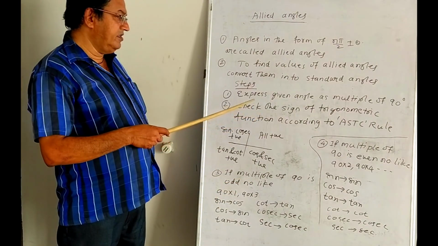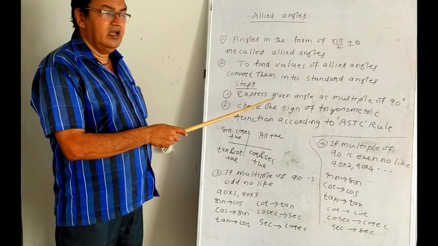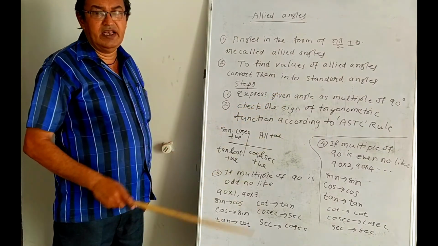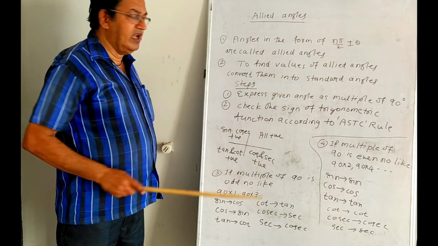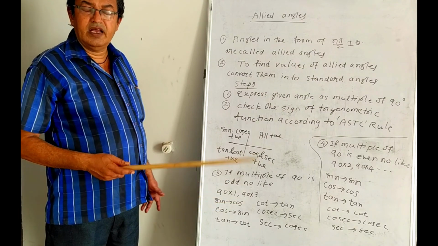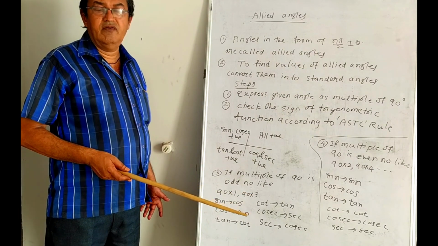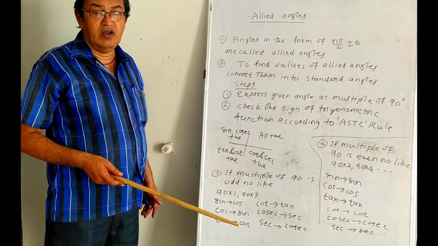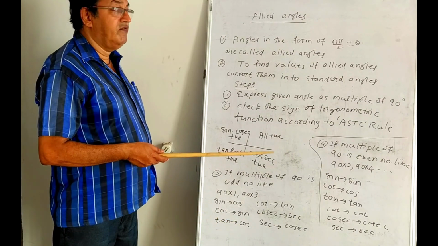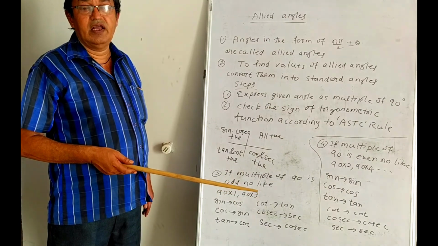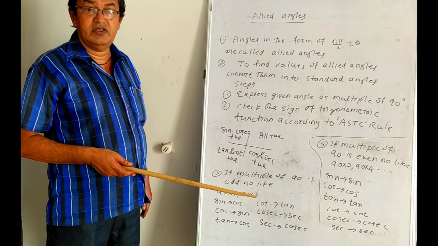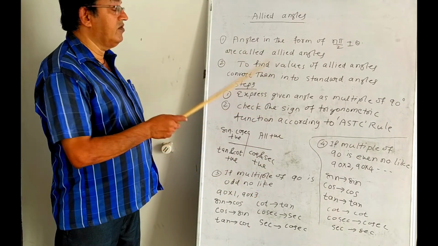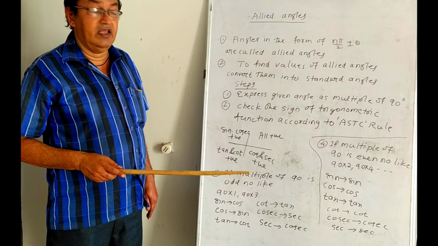First step is to express the given angle which is more than 90 as a multiple of 90. Like if it is sine of 130, we can write sine of 90 into 1 plus 40. Or if it is sine of 120, we can write sine of 90 into 1 plus 30. This way you have to convert it as a multiple of 90.